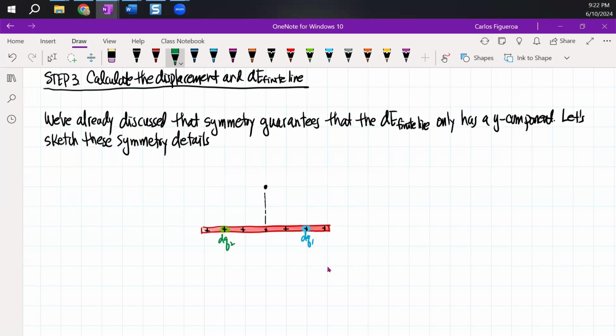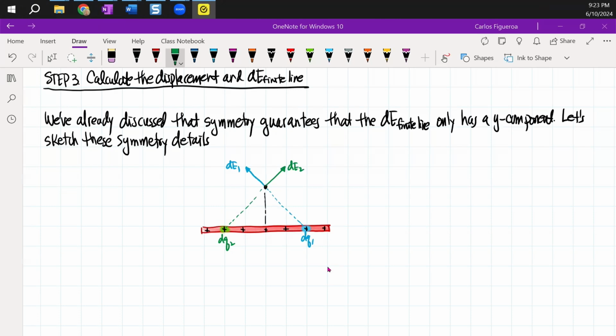So when I start to look at the fields at point P, what do I actually see here? Well, coming from dq1, I have a field that looks like this. Coming from dq2, I have a field that looks like this.